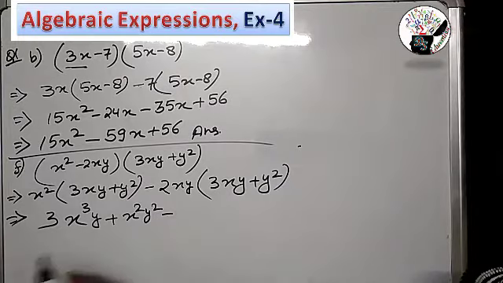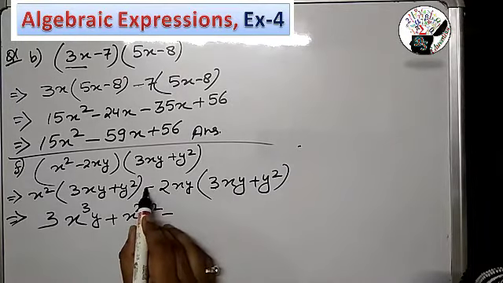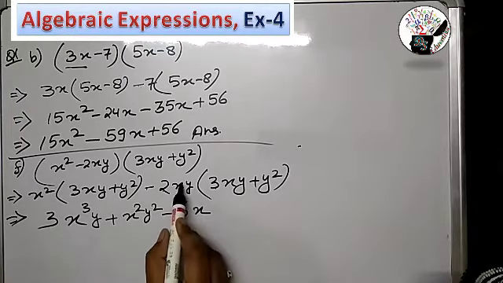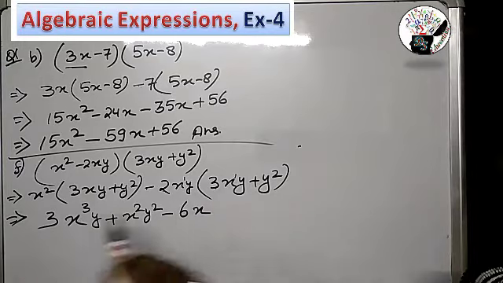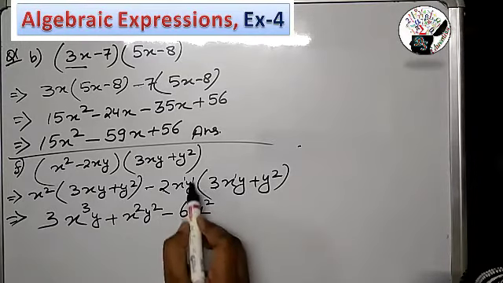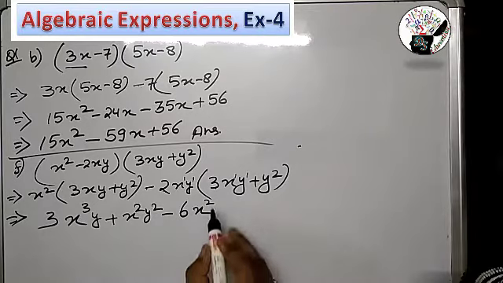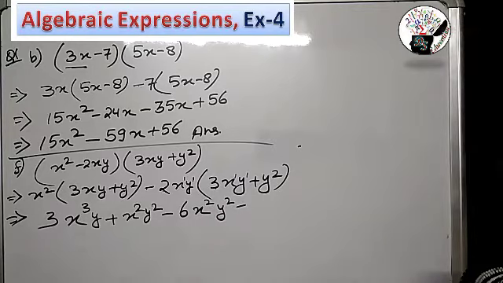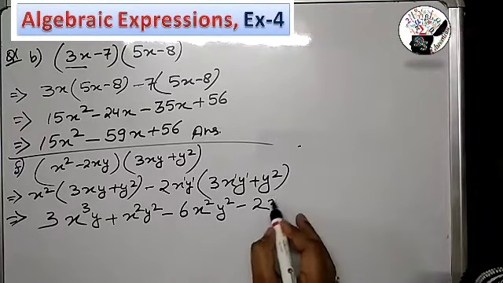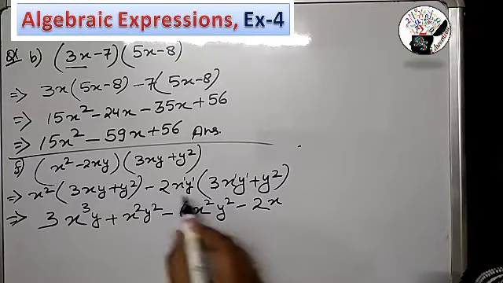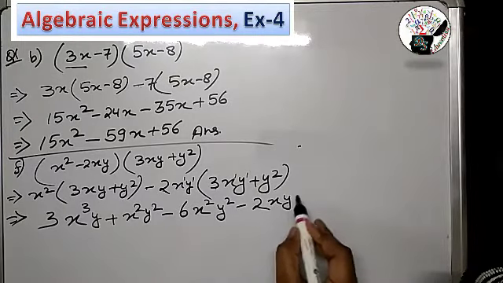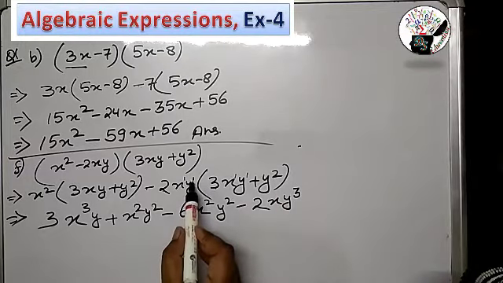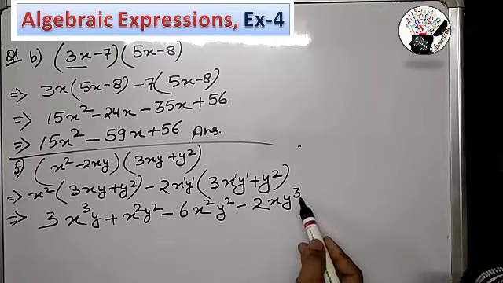Okay, minus 3 2s are, minus is here, so minus plus minus 2 3s are 6, x, 1 power is over here and 1 power is over here, so it will become 2, same as a square, minus plus minus 2, then x, there is no x over here, so this x as it is, and y to the power 3. 2 is over here and 1 is over here, so 1 plus 2 will give you 3.